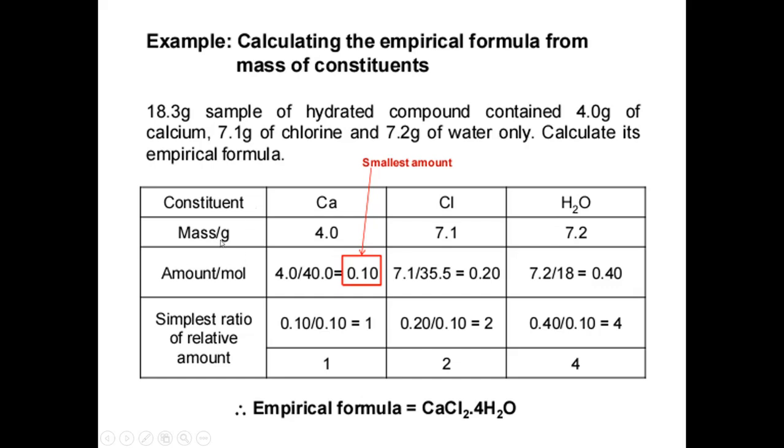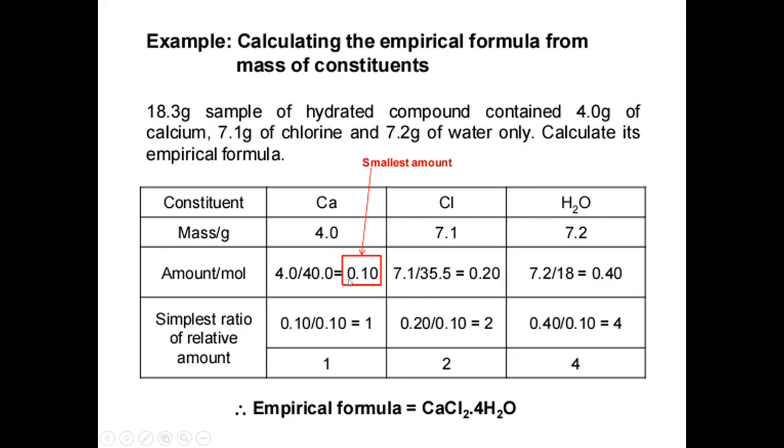So how? Okay, from the mass, you need to divide by 40. 40 is the molecular mass of calcium. Then you get 0.1. Same goes for chlorine, 7.1 divided by 35.5, where 35.5 is the molecular mass. And here is also the molecular mass for water. So you get 0.4. Then among these mole amounts, 0.1, 0.2, 0.4, you need to choose the smallest amount.